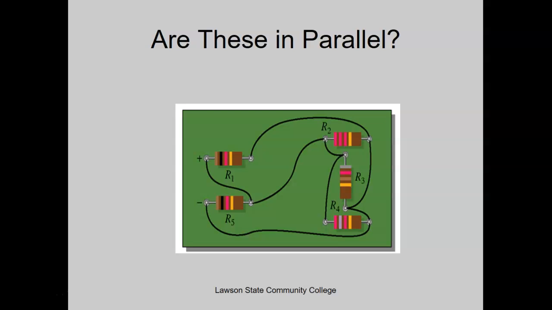And if we look at the negative, we see the same thing. It touches one side of each resistor, making a complete circuit without the paths crossing once. So each resistor will create its own path across the source voltage. Does that make sense?